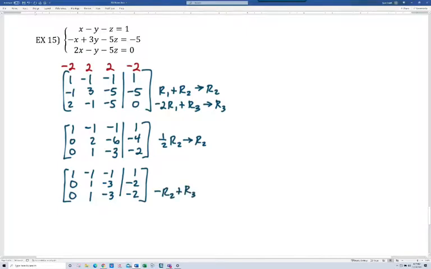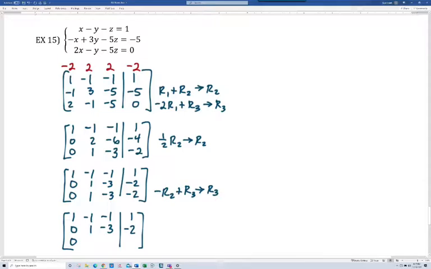Let's go ahead and add the opposite of row 2 with row 3. And so I'm going to go ahead and rewrite the first two equations. First two rows, those don't change. And let's switch our signs. Well, in the second row, we're just basically multiplying by negative 1.